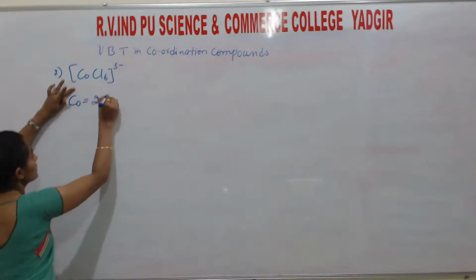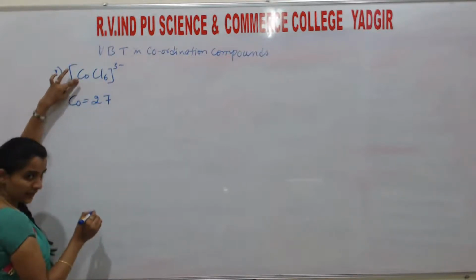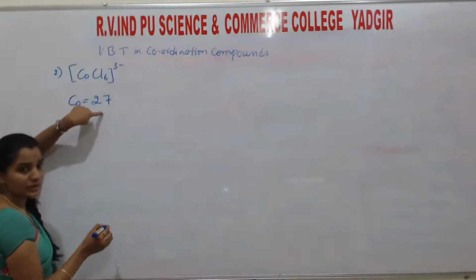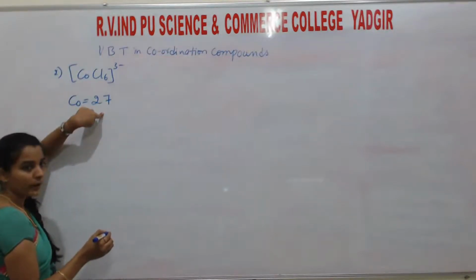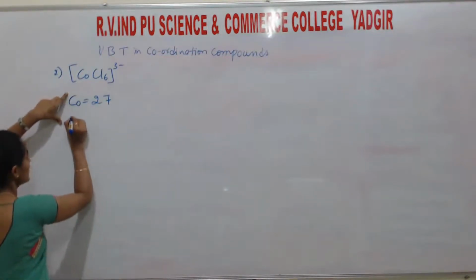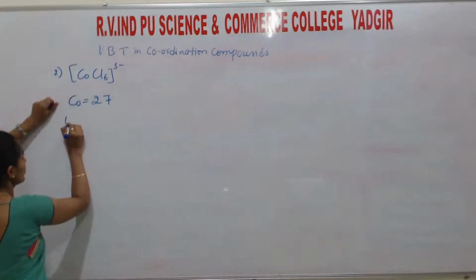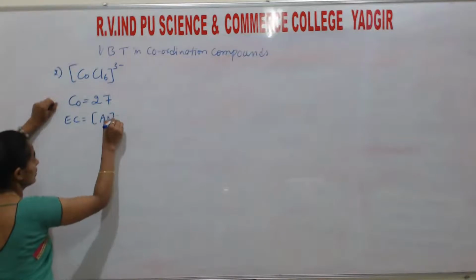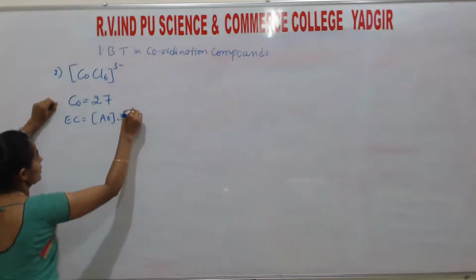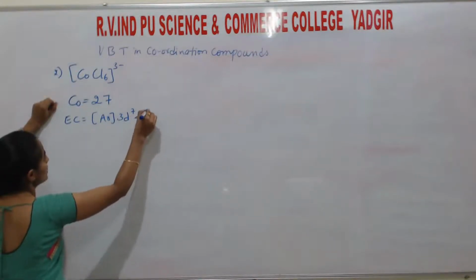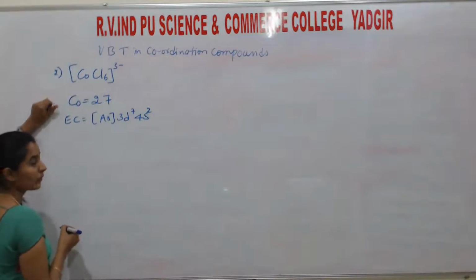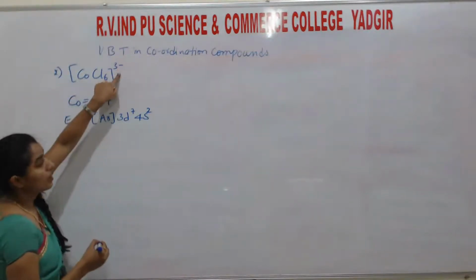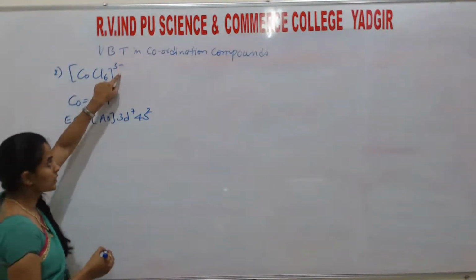The central metal atom is cobalt. Its atomic number is 27. Next thing is writing the electronic configuration of the atom: argon 3d7 4s2.